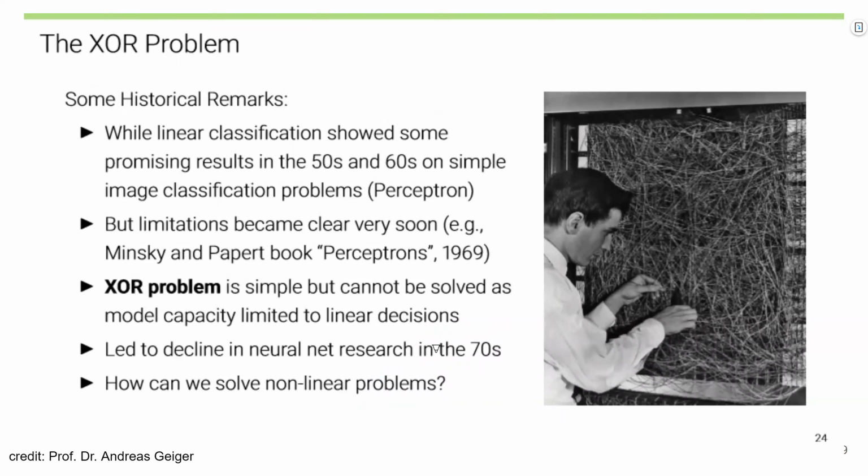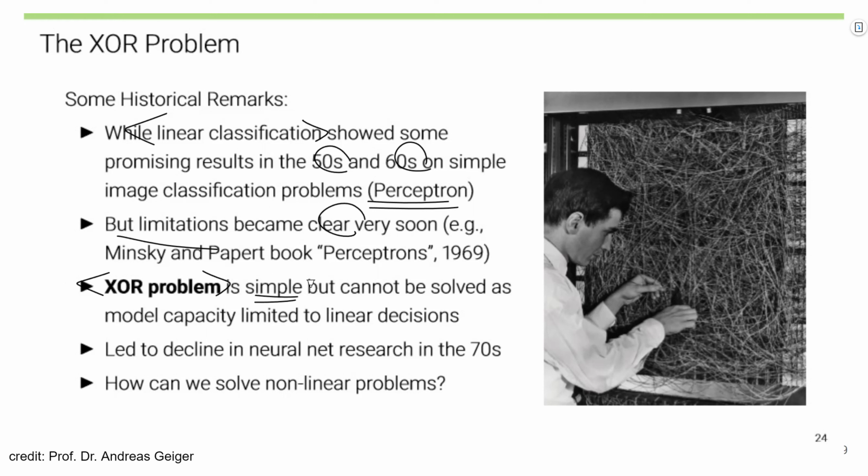I want to mention some historical remarks. Linear classification showed some promising results in the 50s and 60s on simple image classification problems using the perceptron we discussed. However, the limitations became clear very soon. As we saw, the XOR problem looks very simple to us.